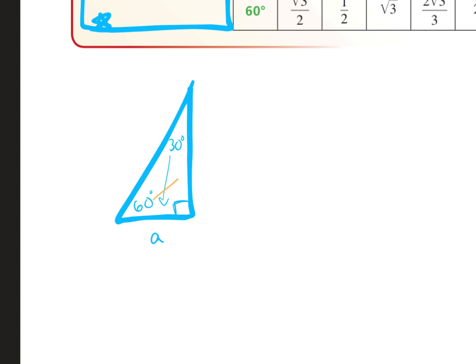Across from the 60-degree angle, whatever your A is, it's going to be A times square root 3. And whatever's across from the 90-degree angle, your hypotenuse, is going to be 2A. So this is our 30, 60, 90 triangle.